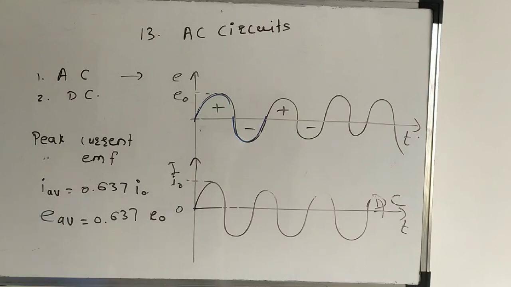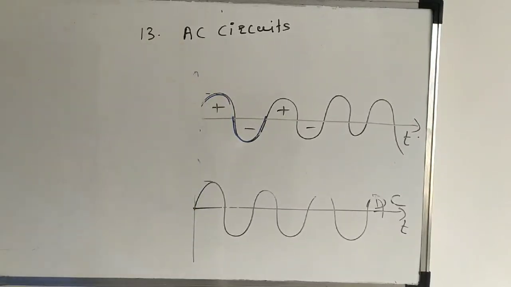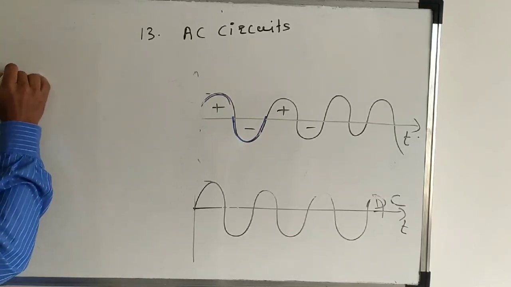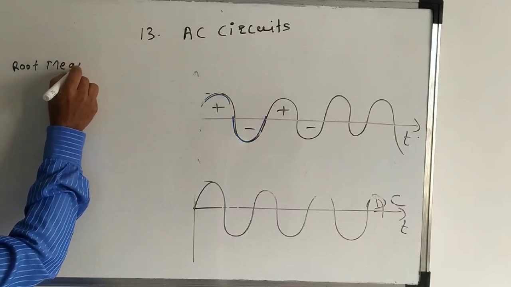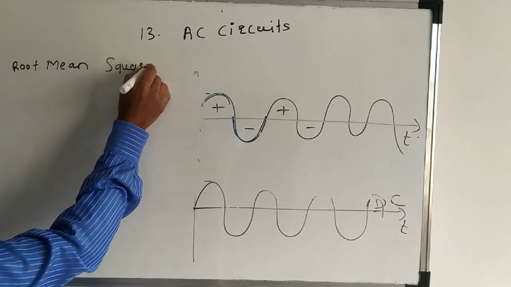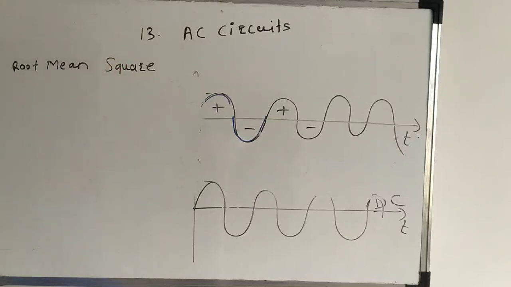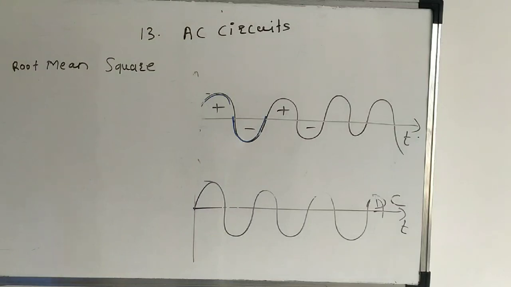Afterwards, the next topic is the root mean square, RMS, value of current and RMS value of EMF. What is the RMS value? RMS means root mean square. Root mean square value of EMF and root mean square value of current.